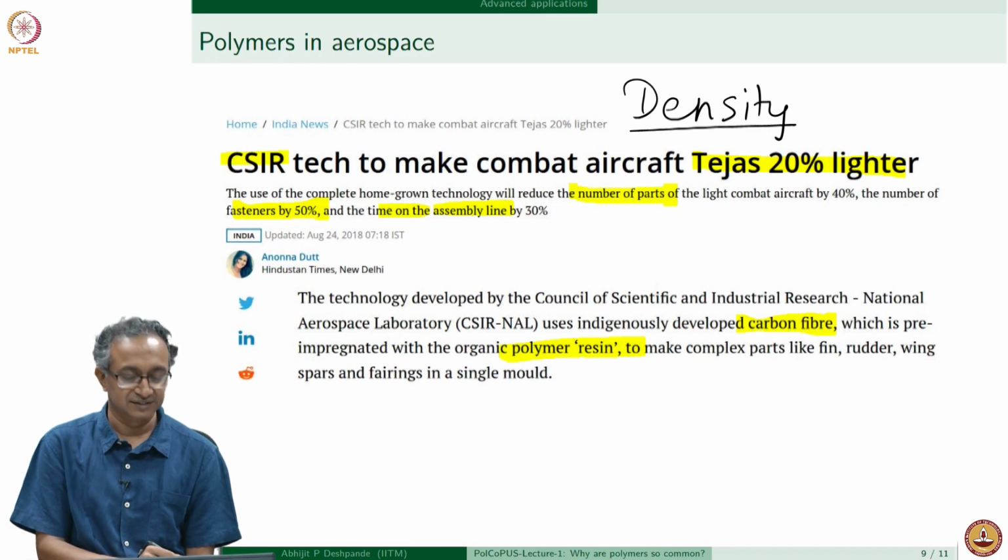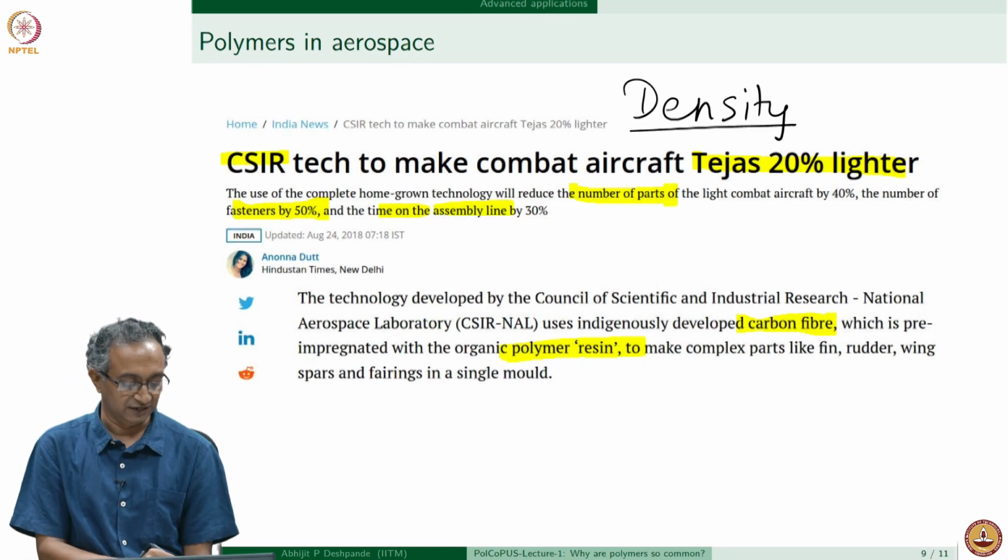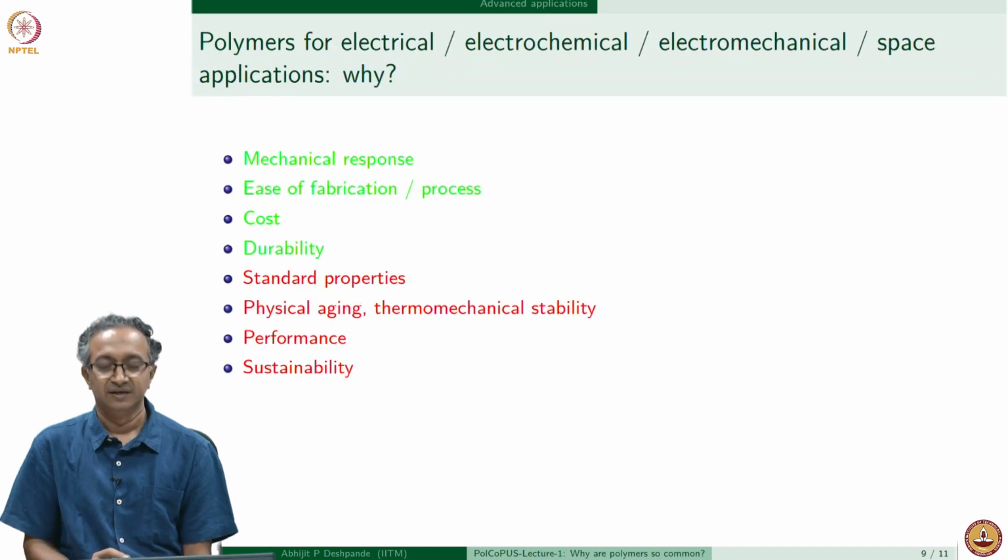So given these day-to-day applications as well as advanced applications, the overall point is the following: there are many advantages of polymers and then there are significant disadvantages also. And we have to keep all these in mind while using these polymers for both these sets of applications, day-to-day as well as advanced applications.